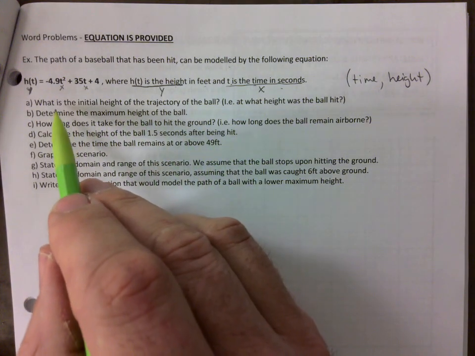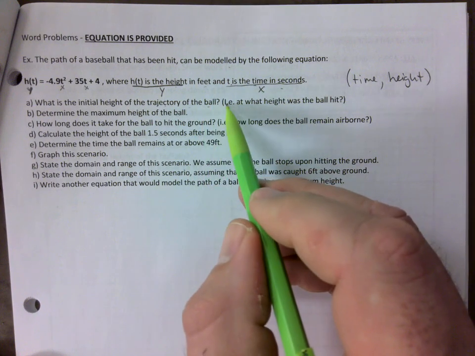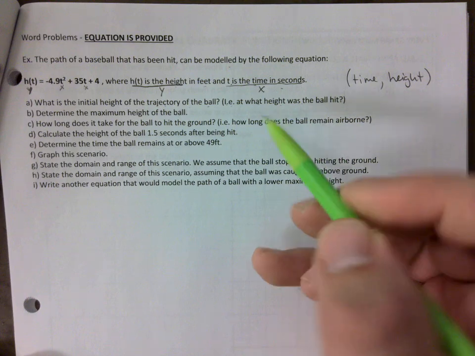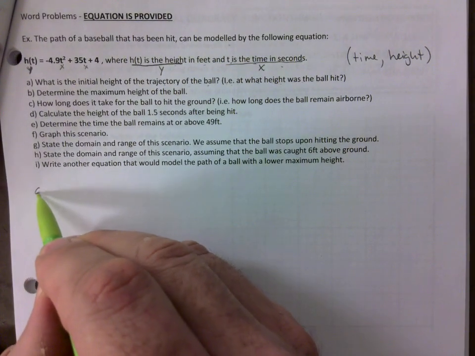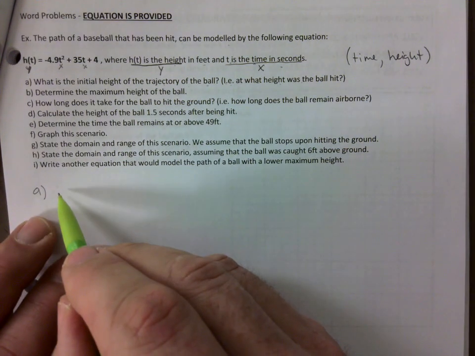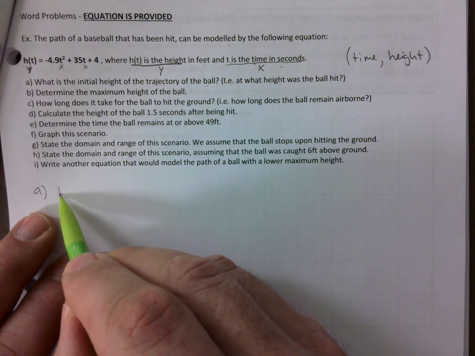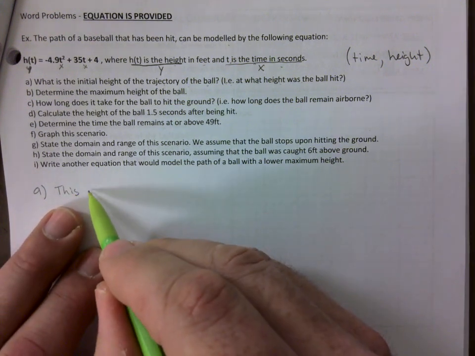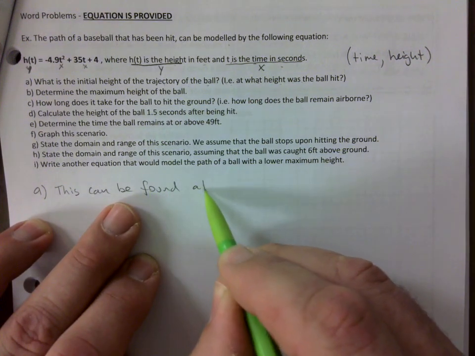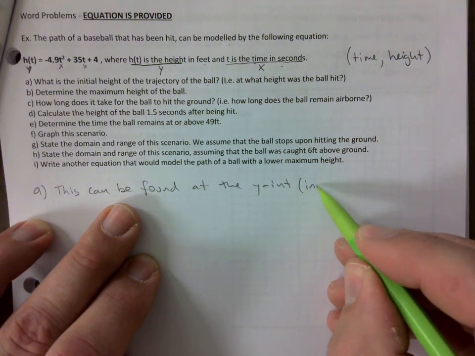All right, and so we're asked, what is the initial height of the trajectory of the ball? In other words, at what height was the ball hit? So we're going to go to A, and we're going to say that this happens at the initial height. This can be found at the y-intercept, or initial height.